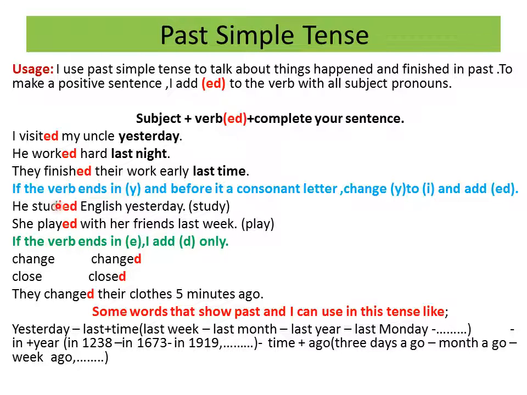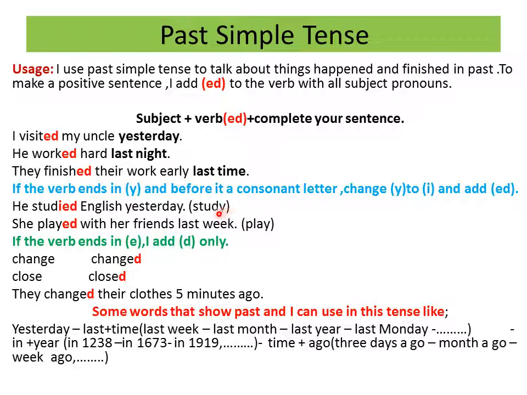Other verbs, if they end in y, and before y we have a consonant letter. Consonant letter means all letters except the vowels: A, E, I, O, U. So what are we going to do? Change y to i and add ed. For example, a verb like study.